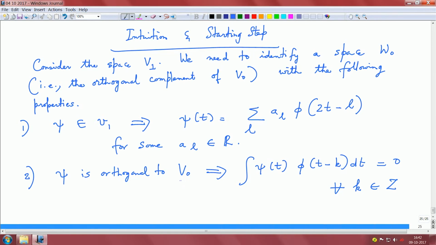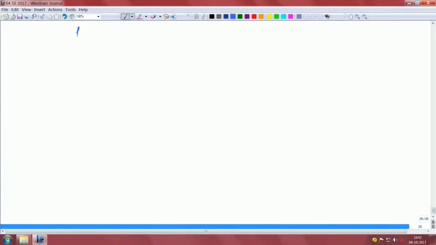Therefore, and we know the basis for V0 would be these functions phi of t minus k. So, this inner product of psi with phi of t minus k has to be 0 for all k belonging to the set of integers. Let us see how this can be done.